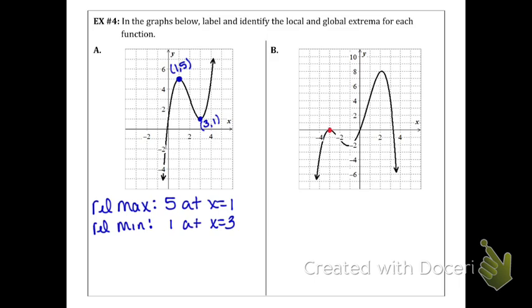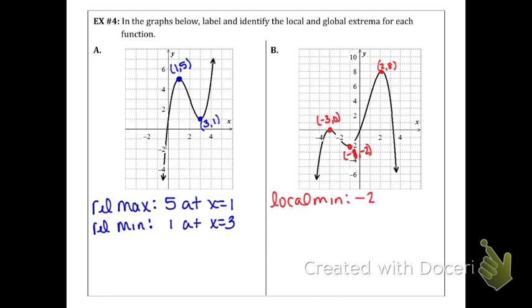And B, go through, identify your points. Oops, it's -1, -2. All right, so this graph does keep going down, so there is no absolute or global minimum, but I do have a local or a relative minimum.